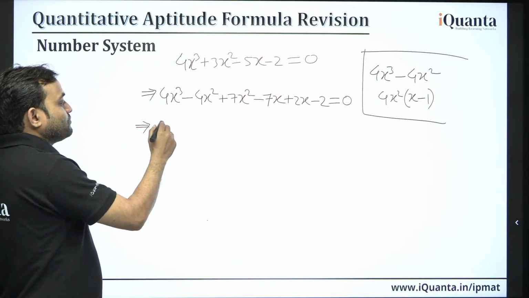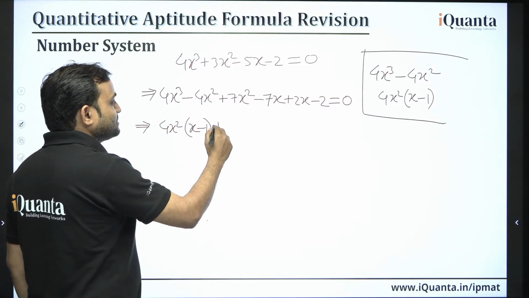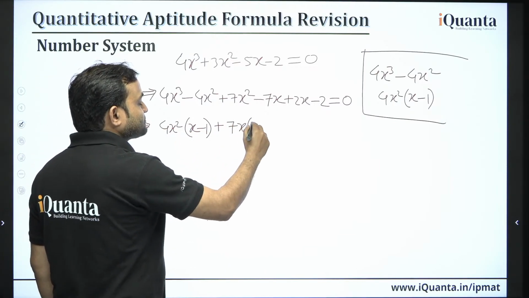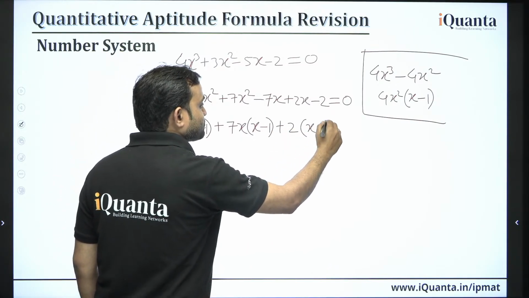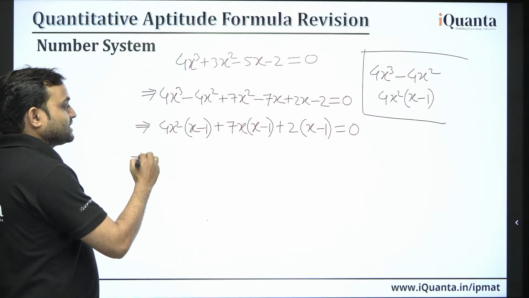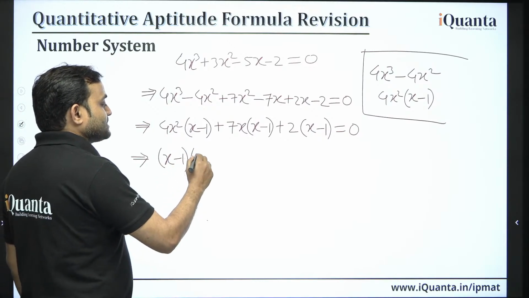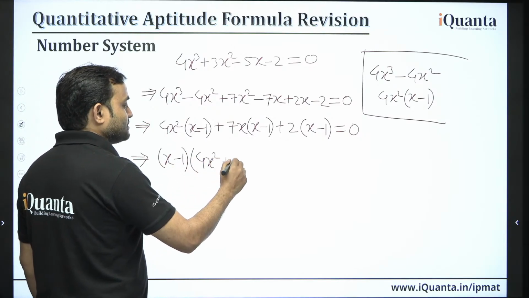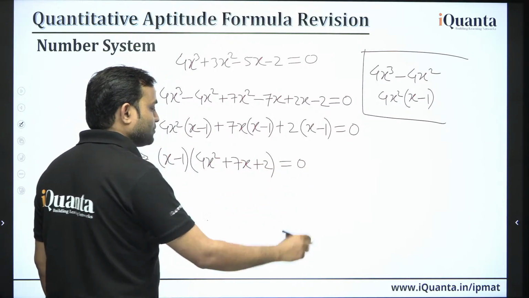Or we can take 4x square common, this will be x minus 1, then take 7x common, this will be x minus 1, then take 2 common, this will be x minus 1, equal to 0. Then out of all these three terms, you can take x minus 1 common, then we will have 4x square plus 7x plus 2 is equal to 0.